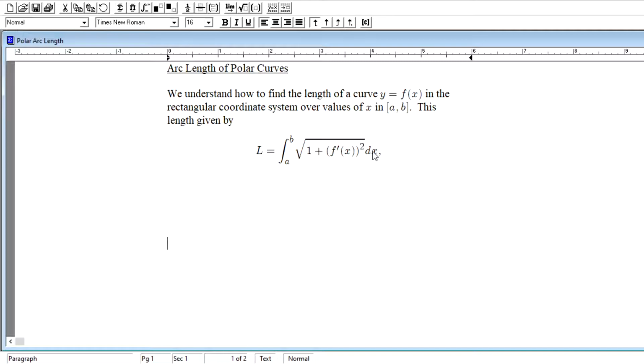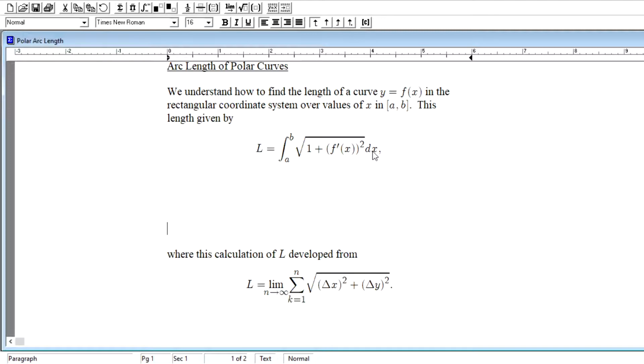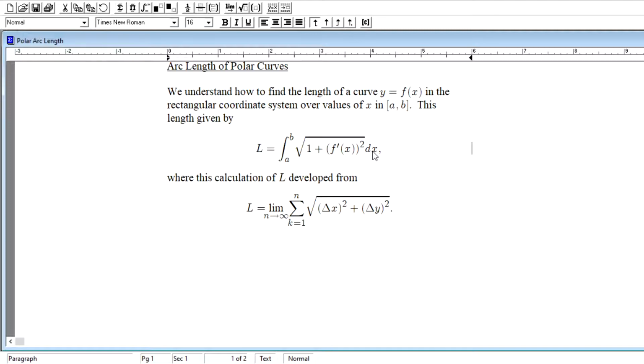Now, what we may need to recall is where it came from, right? Recall where this developed from as a calculation is this value of L, right?